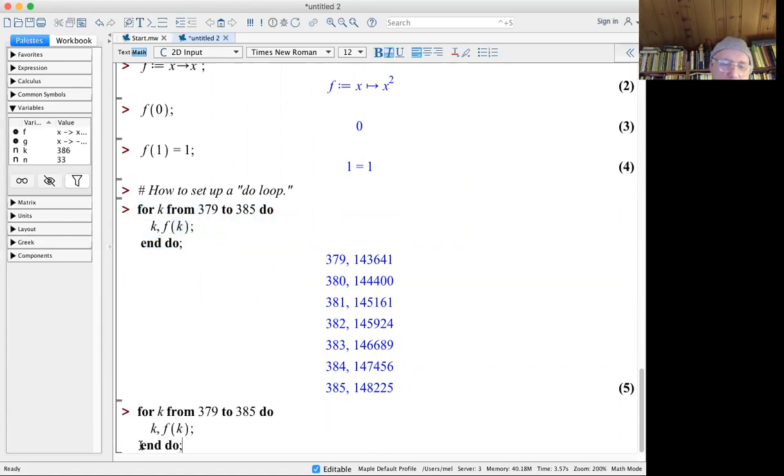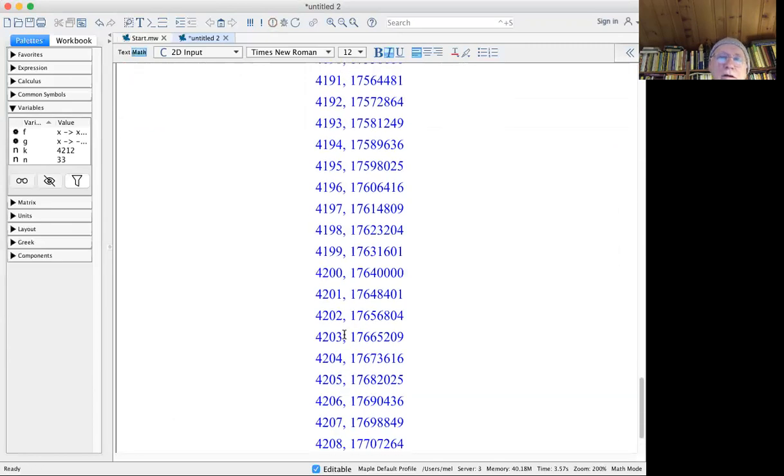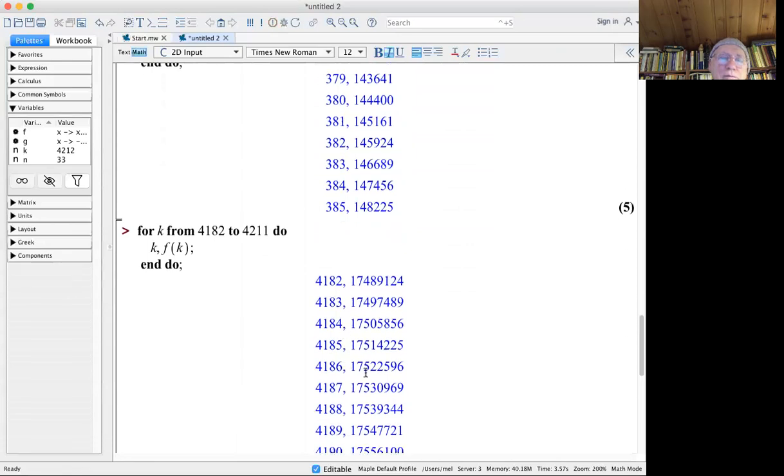If I don't want every square, let me change this. Maybe this is, again, from 4,182 to 4,211. Oh, a lot of them. There they are. Each of these numbers on the left, and here's the square.